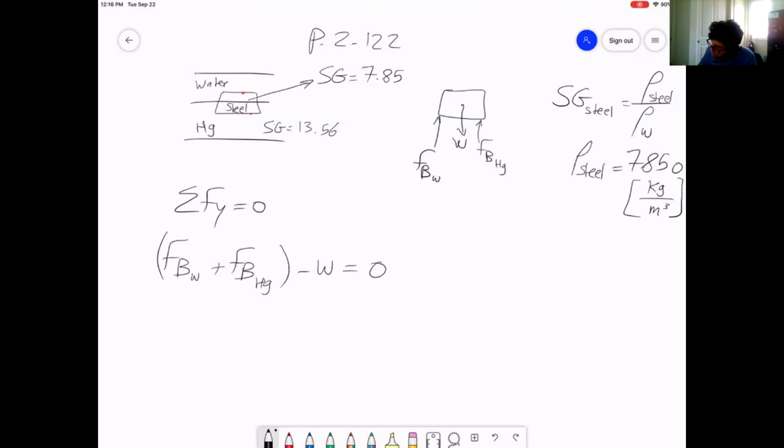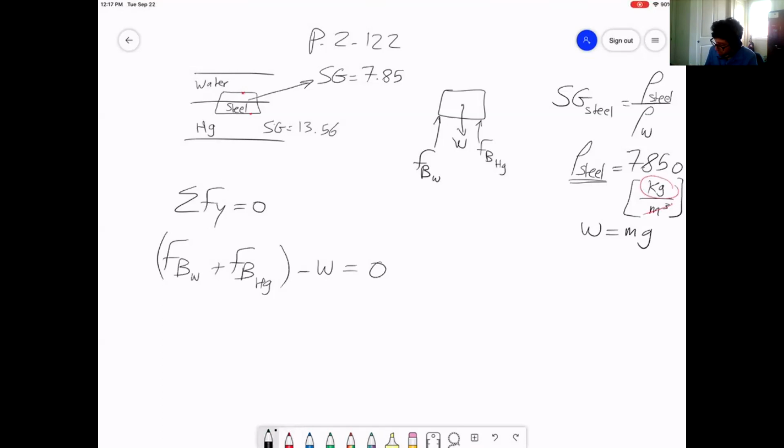So if we go back to weight, what's the definition of weight? It's mass times gravity, and gravity is constant, 9.81. What about mass? How would you find mass from density? You multiply the density by the volume, so the meter cubed cancels and you end up with kilograms.